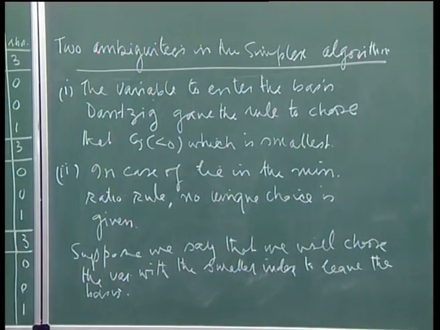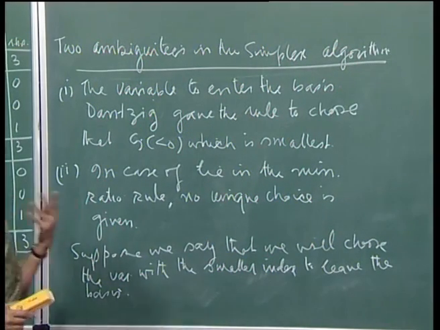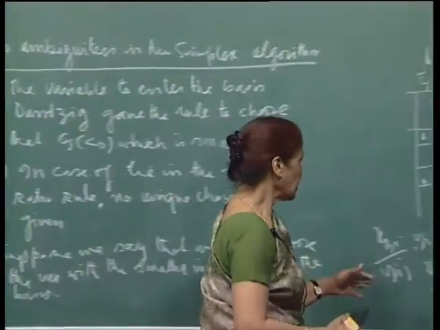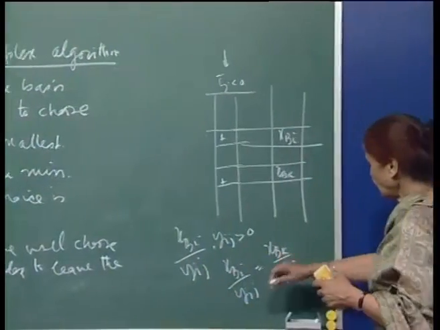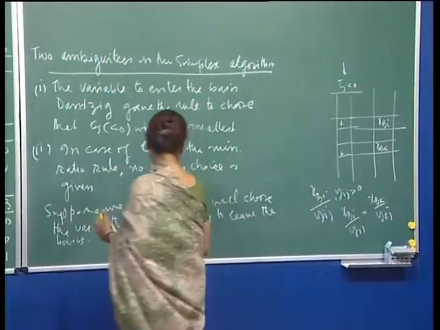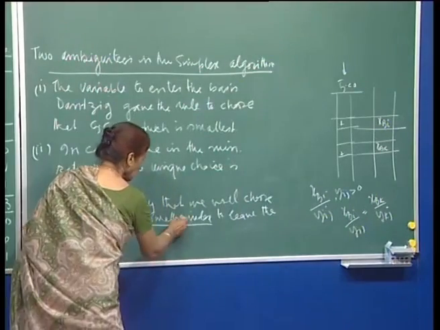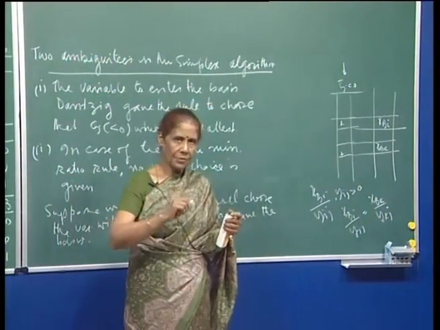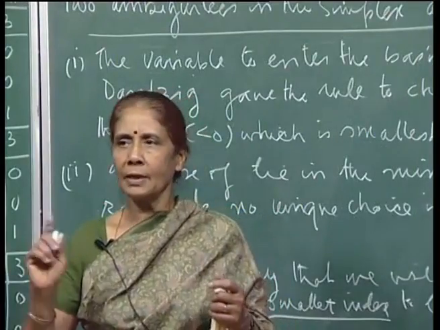okay. So now I have fixed both the ambiguities, a unique choice for the variable to enter and a unique choice for the variable to leave the basis. When I say index, one has to be a little careful with the smallest index. What we mean is that remember there is an order for the variables, first basic variable, second basic variable, and so on.